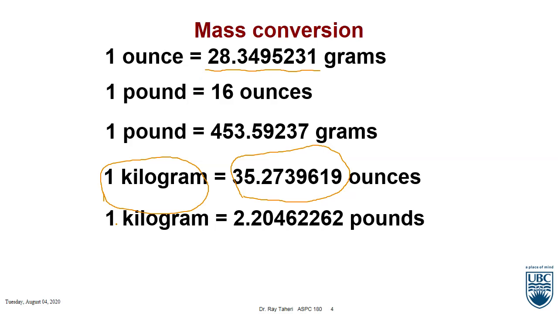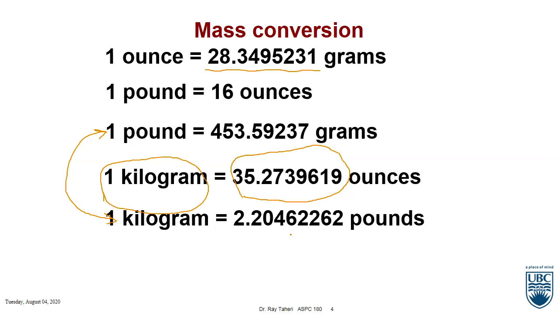Now you can connect these two together and realize that 1 kilogram is 2.204 pounds. That's the simple conversion.